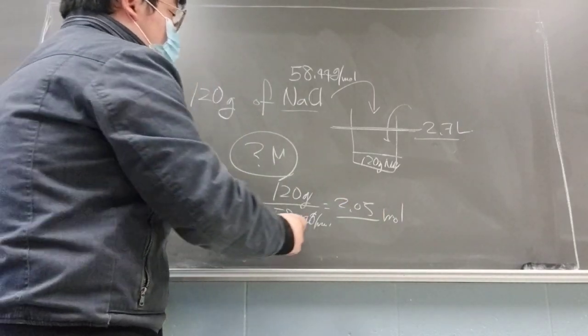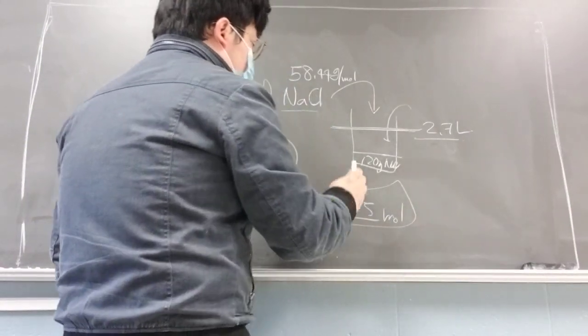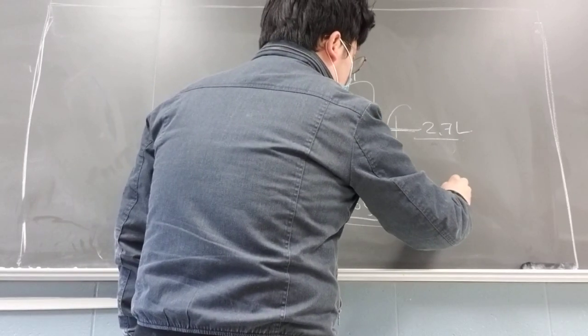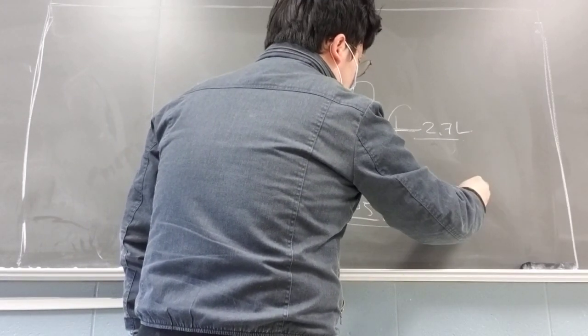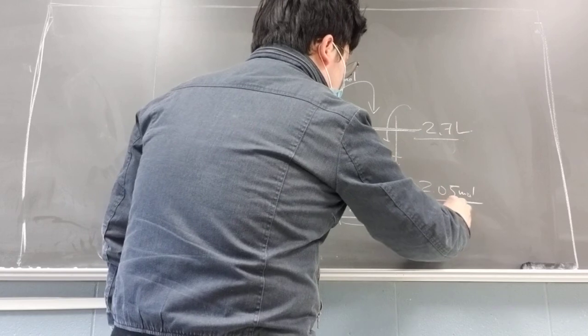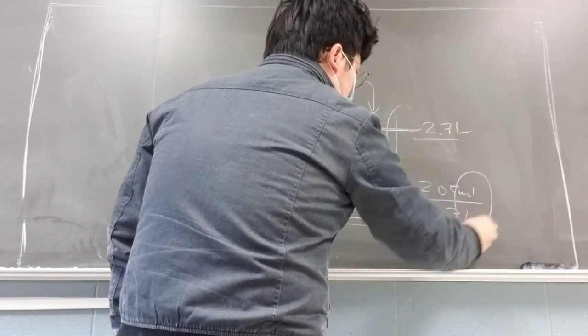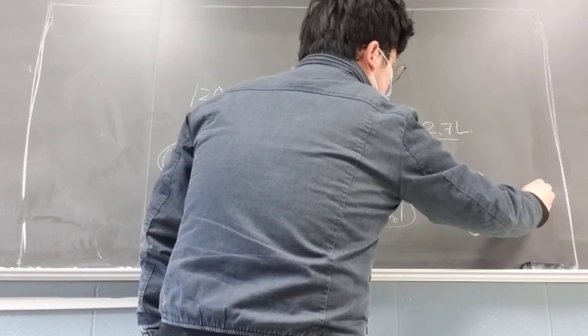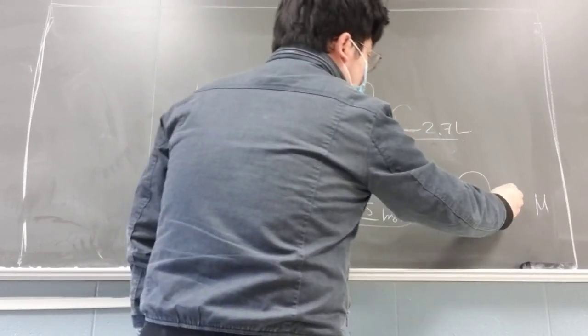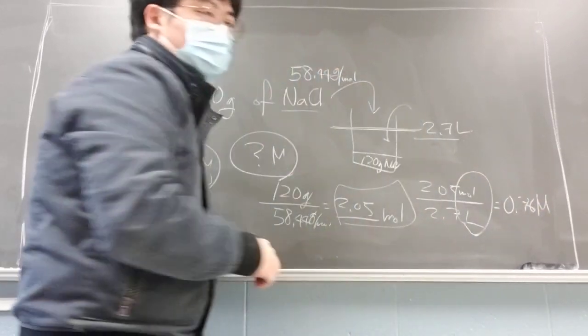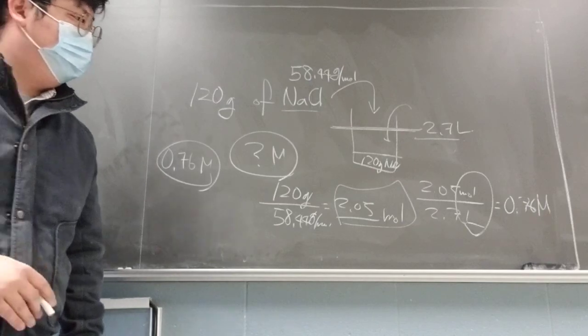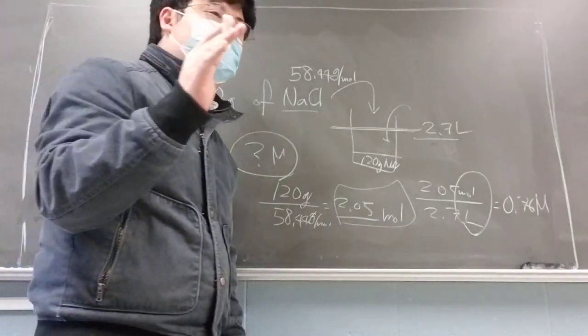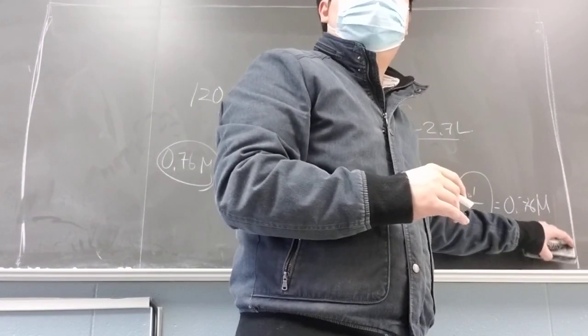And then once you have this number, divide it by volume so you can get a concentration, which is moles per liter. So 2.7 liters. So now you have a number in moles per liter, which is the same as molarity. So approximately 0.76. Okay, perfect. Makes sense, right?